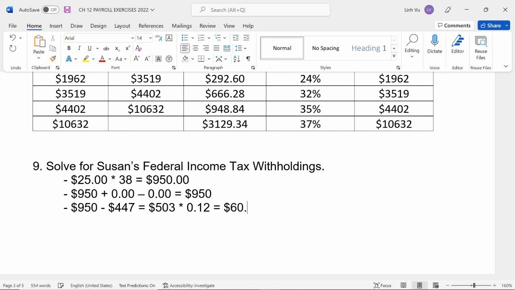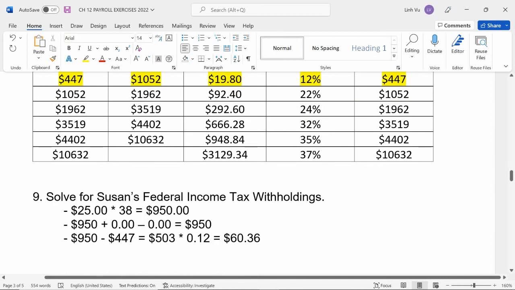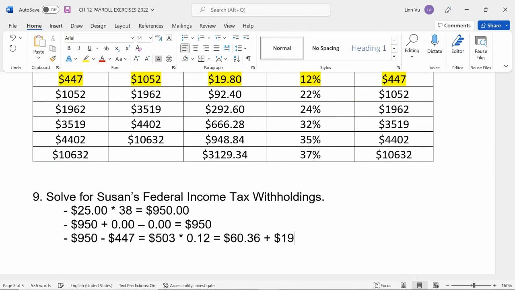$60.36. Good. Now, that is just based off of her amount of earnings in excess. What do we do with that $19.80? We add it.